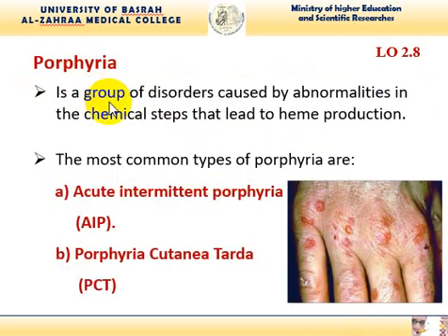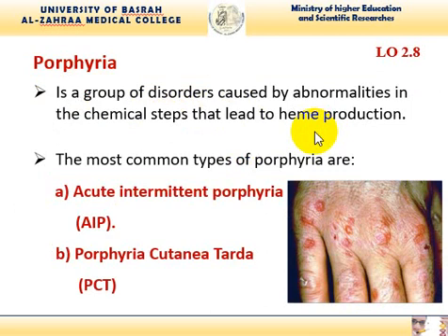Porphyria is a group of disorders caused by abnormalities in the chemical steps that lead to heme production. As I mentioned before, synthesis of heme occurs in 8 steps, part of them in the mitochondria and part in the cytoplasm.